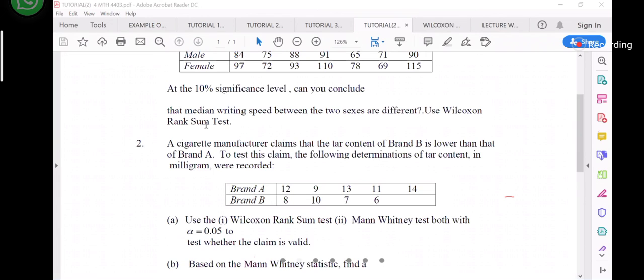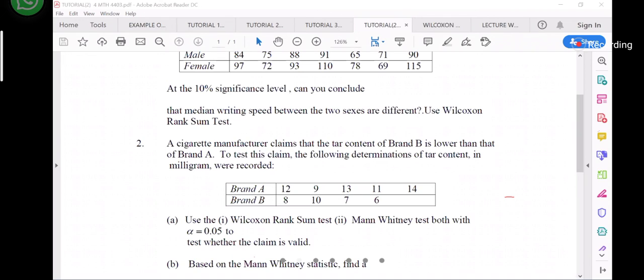But it will become the right tail test. And the rejection region, if after I try, the conclusion is different. Yes, so it is recommended you make it lower.